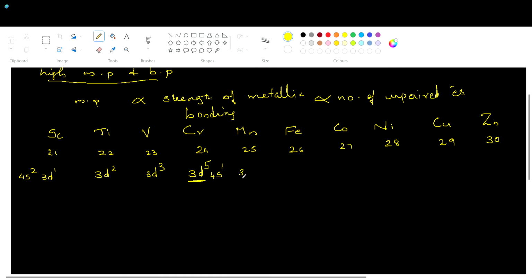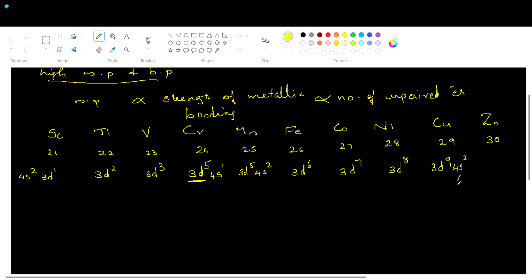Manganese, the configuration is 3d5 4s2. Iron 3d6 4s2. For cobalt 3d7 4s2. Nickel 3d8 4s2. For copper we expect 3d9 4s2, but the actual configuration of copper is not this one.